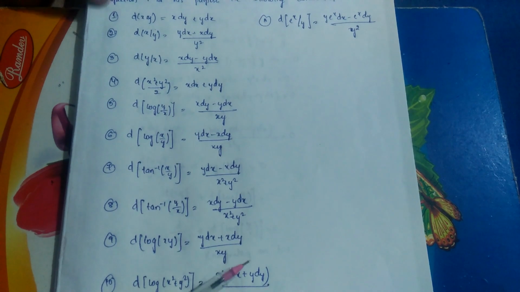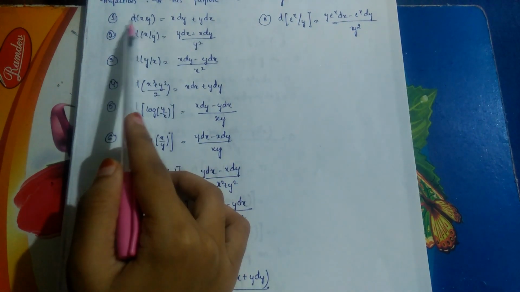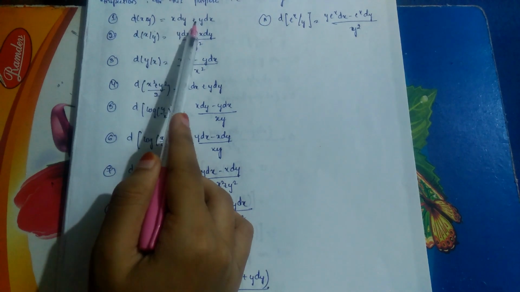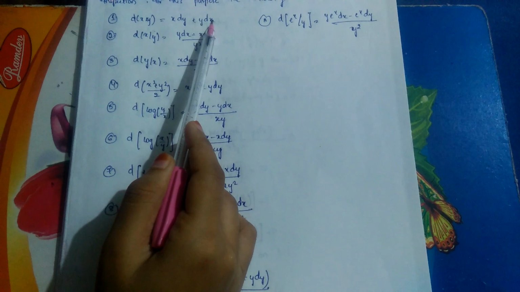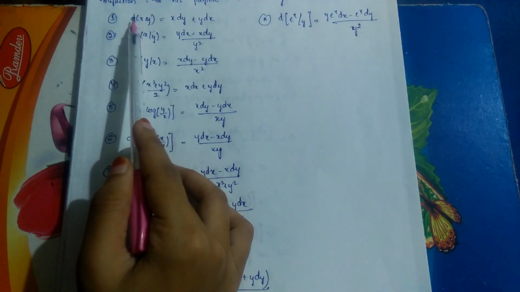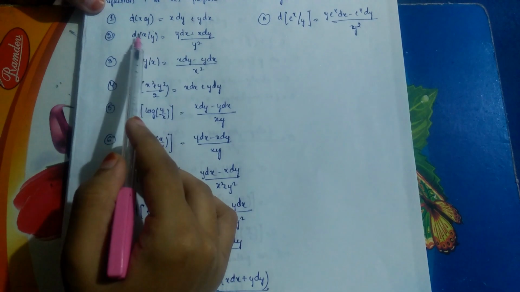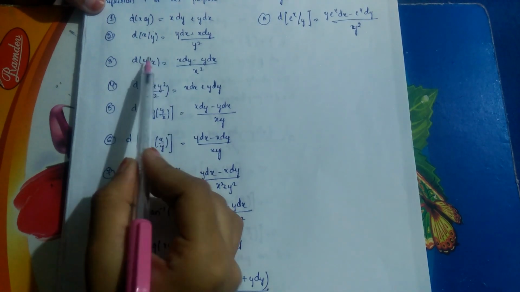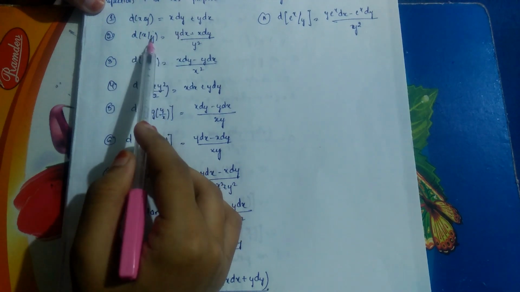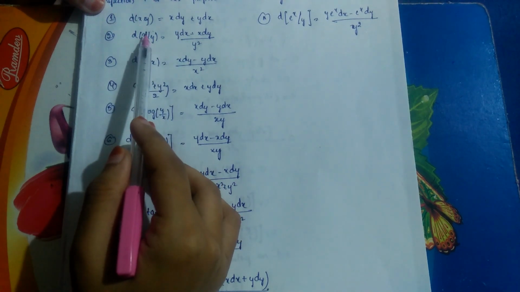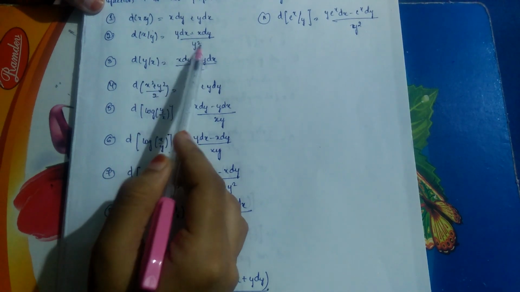So when we solve the problems, for example, if in the question x dy plus y dx is there, then we can use the d of x into y. So here it's very easy. D of x by y, if you remember, then d of y by x will be very easy. If we get d of x by y, then the formula is y dx minus x dy by y square.